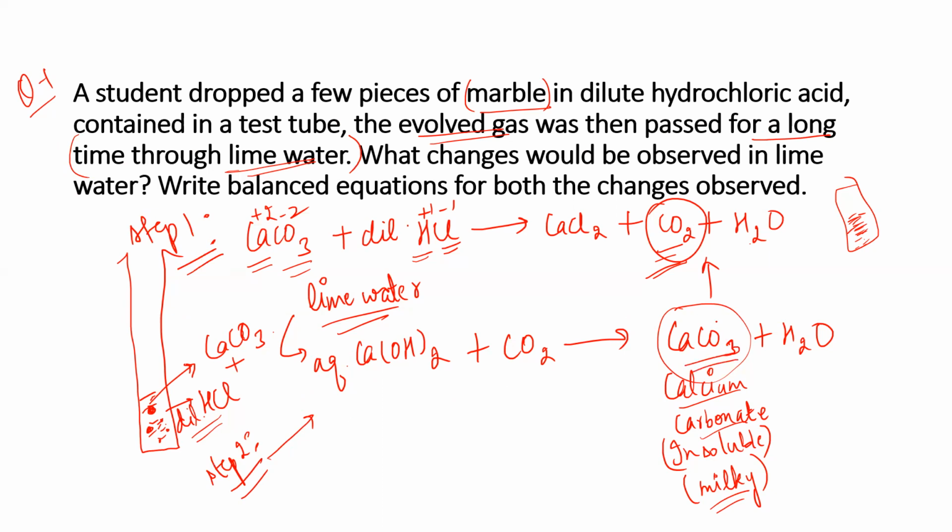If we continuously pass CO2 gas, then at step 2, this is formed. Now this calcium carbonate reacts with CO2 gas, because we are continuously passing this gas. So we have excess CO2.